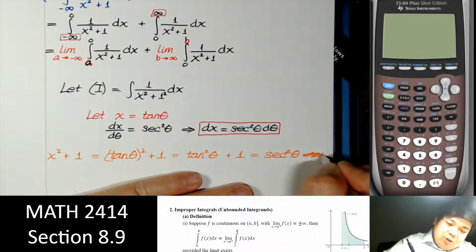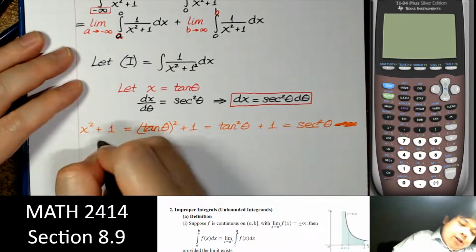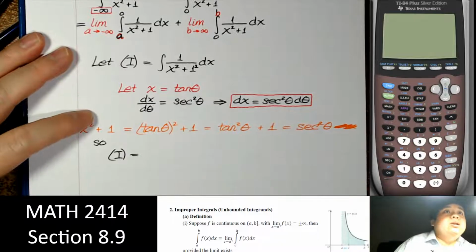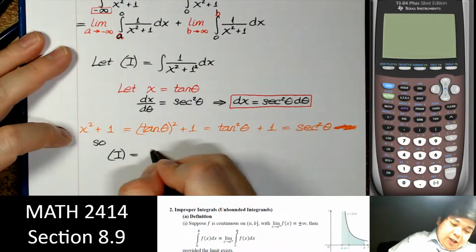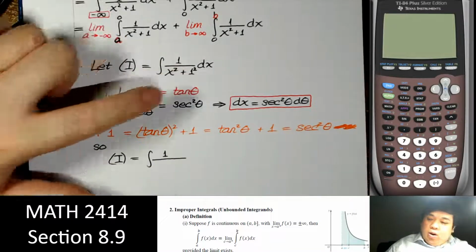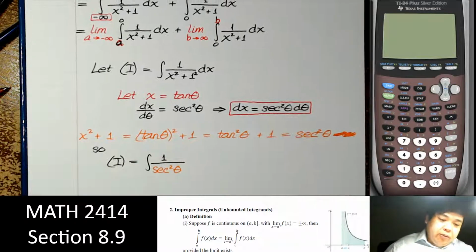Just secant squared, that's good enough. So the integral equals 1 over x squared plus 1, that is secant squared. And dx is that.